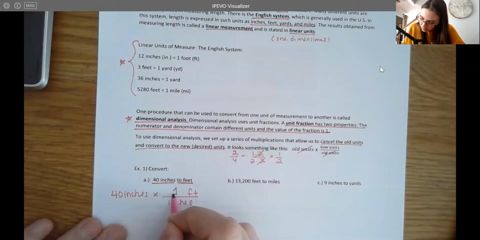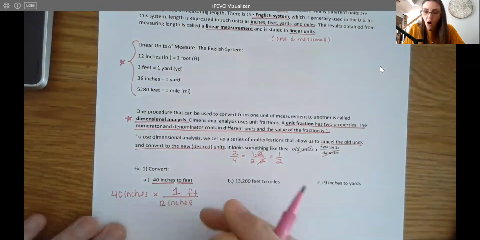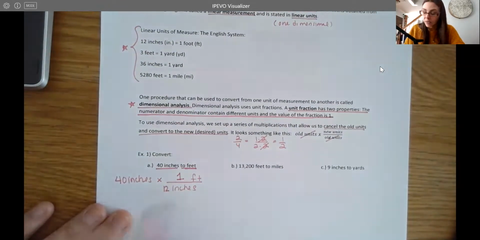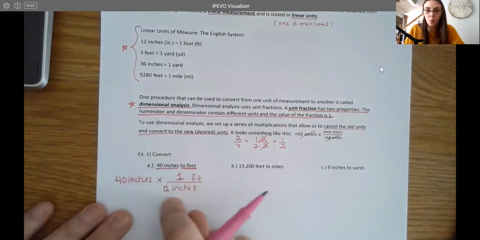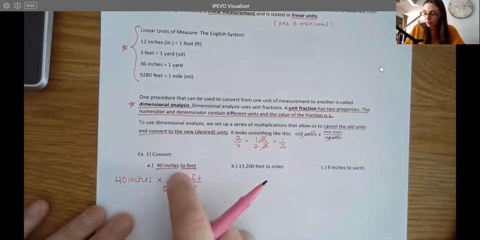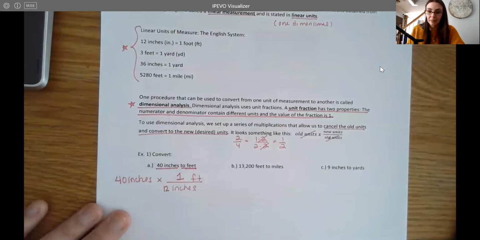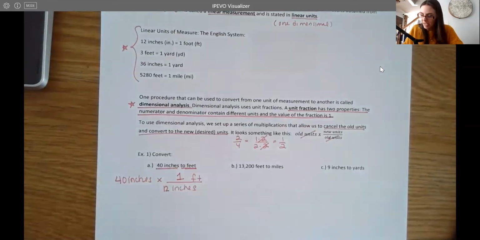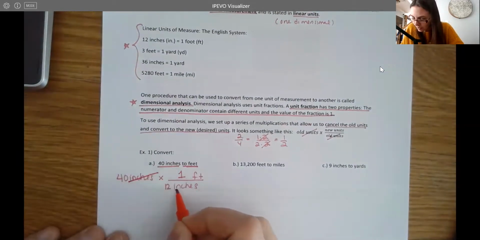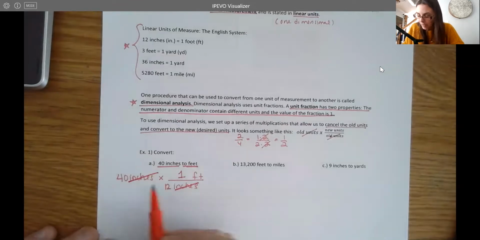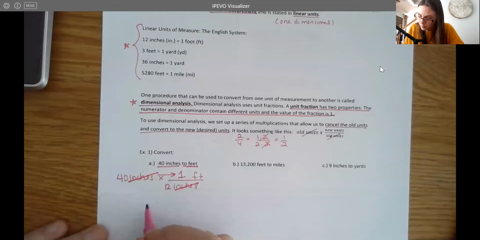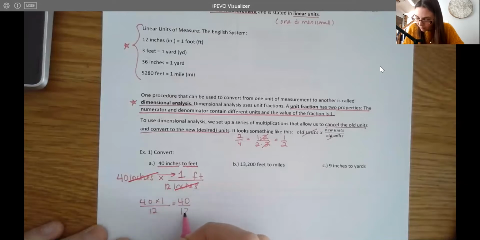So 1 foot and 12 inches are the same thing, so this fraction is still 1. What happens is the inches cancel. Then just remember, you multiply straight across, so we do 40 times 1 over 12. I have 40 over 12 here, and don't forget your units are going to be feet now.